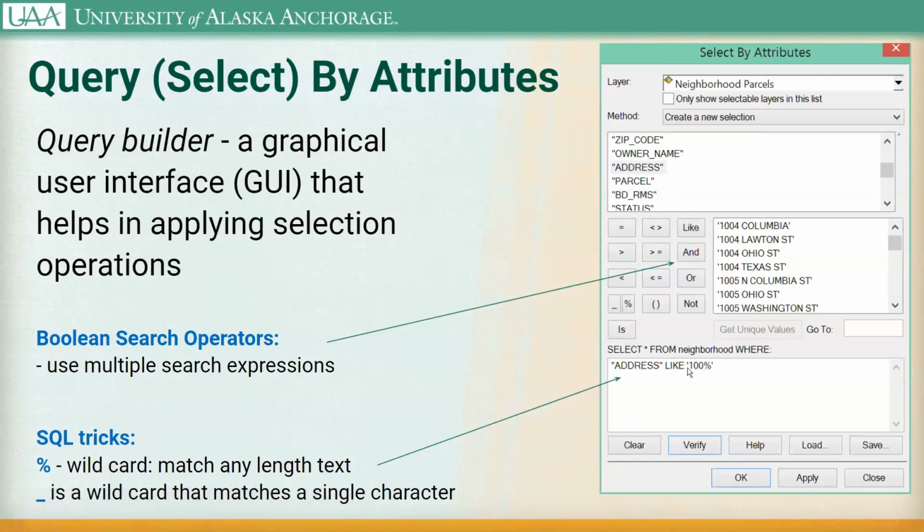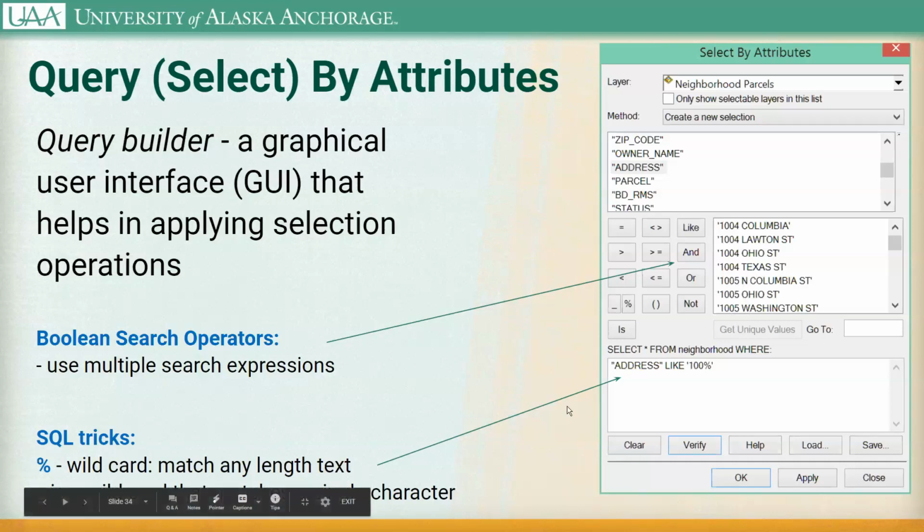So if I said like 100 followed by the percent, it starts with 100, and then it can have whatever behind it. Anything that matches that would show up. If I said like 1004 followed by the percent symbol, then I would get this list here of Columbia to Texas Street. If I only want it to be wild on one character, I would use the underscore symbol.